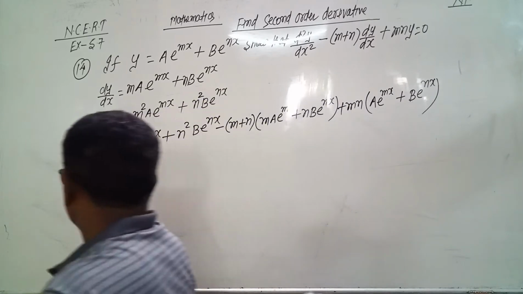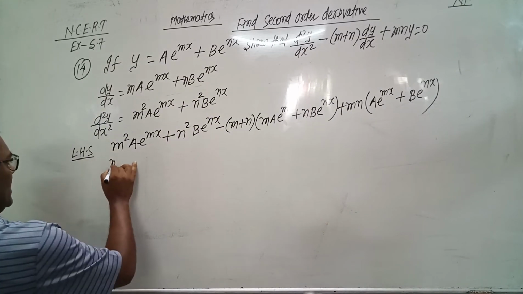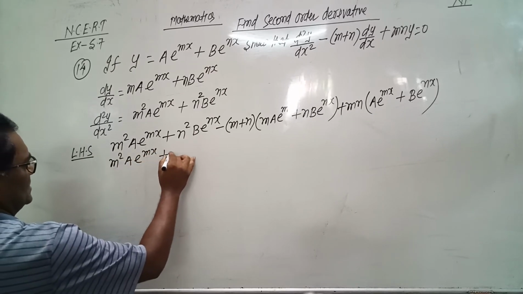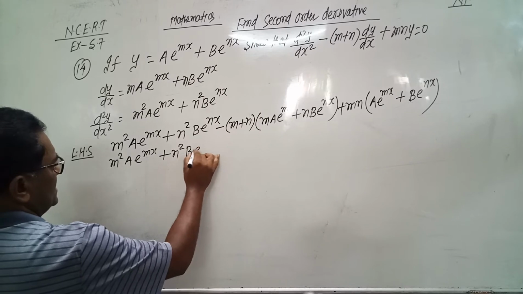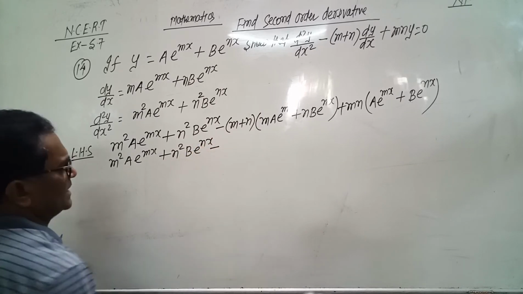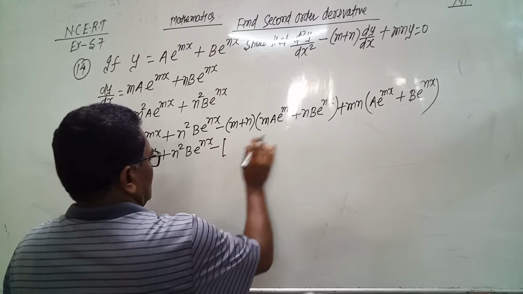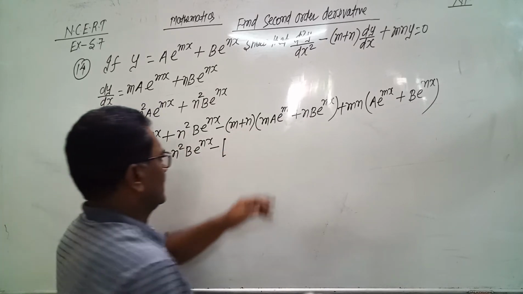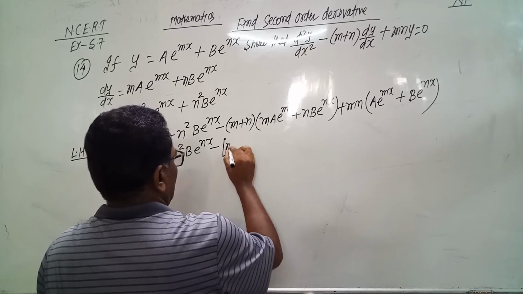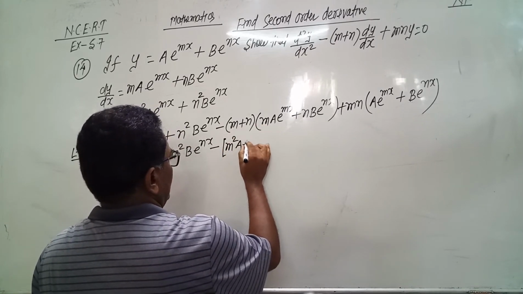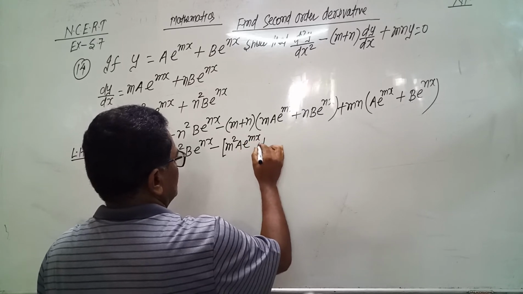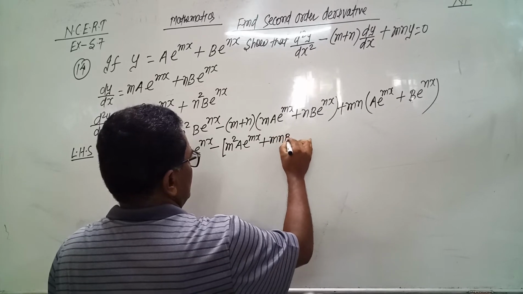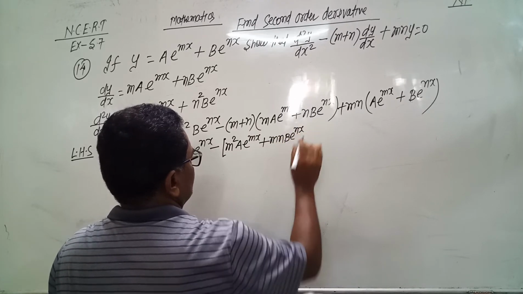Now we solve this expression. m square a e raised to the power mx plus n square b e raised to the power nx, minus this, with both the terms multiplied first by m and then by n. So m into m gives m square a e raised to the power mx, plus m into n gives m n b e raised to the power nx.